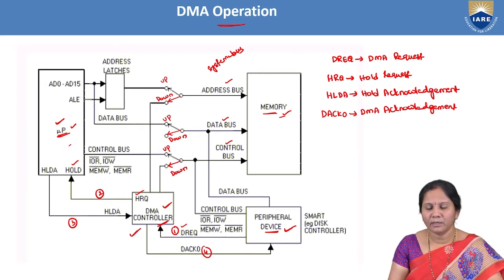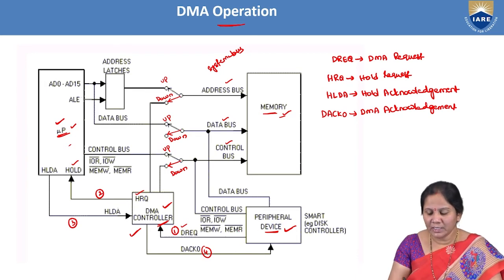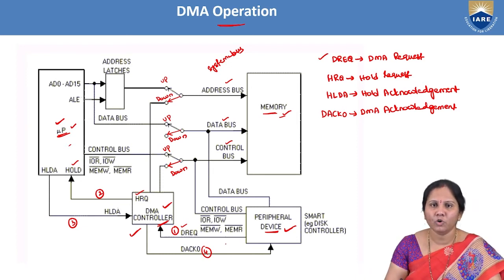So generally, first the peripheral device sends the DMA request. That means this peripheral device is asking the DMA controller to perform the data transfer. Once this DMA controller gets this DREQ signal, it sends the HRQ signal to the microprocessor.